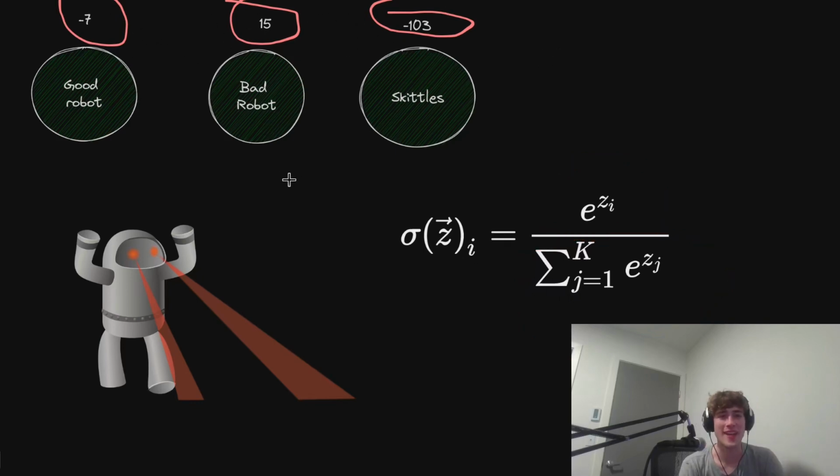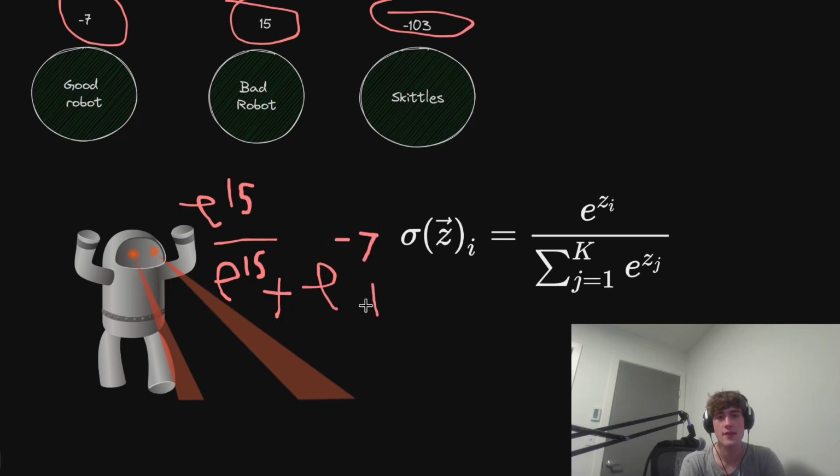For a quick example, let's say we want the probability that it's a bad robot. We want to see how good our model is. Well, the softmax of that is going to be e to the 15th over e to the 15th plus e to the -7 plus e to the -103.